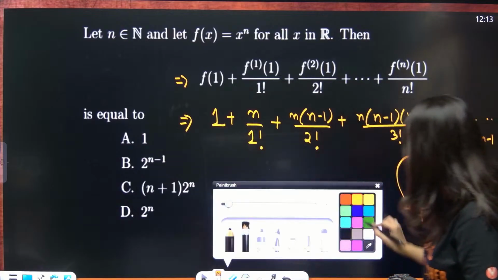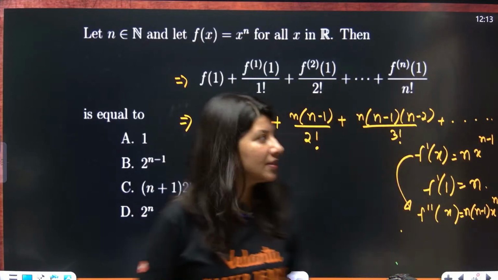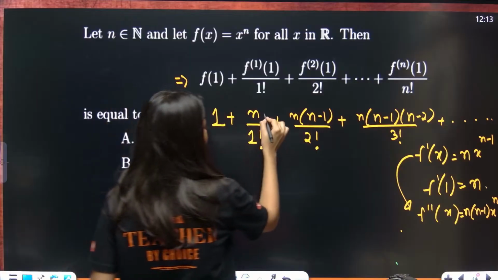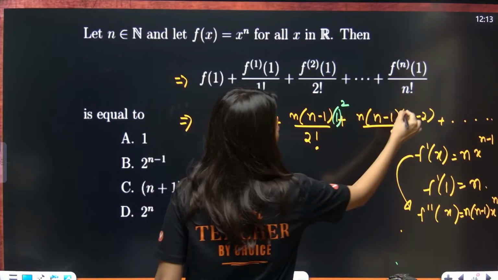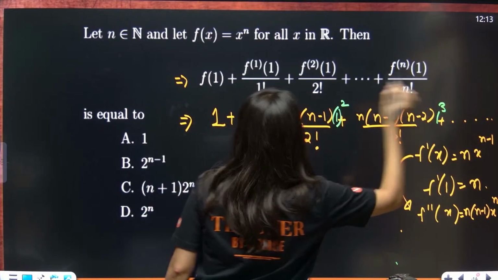Let me just do one thing. In place of x, I am going to write 1. This is 1 square, this is 1 cube, and so on.